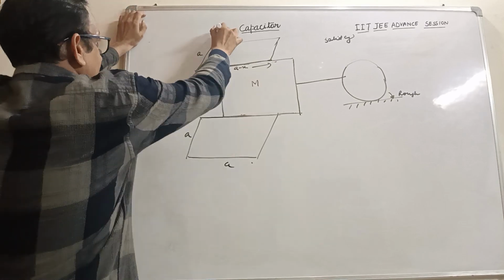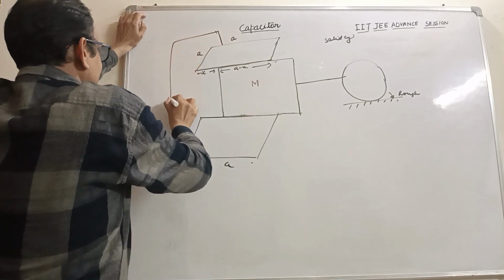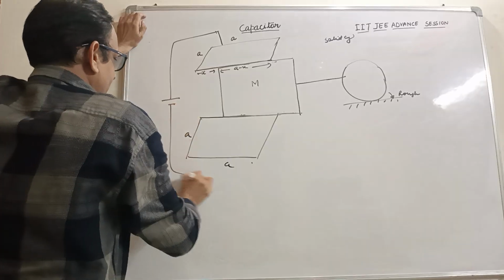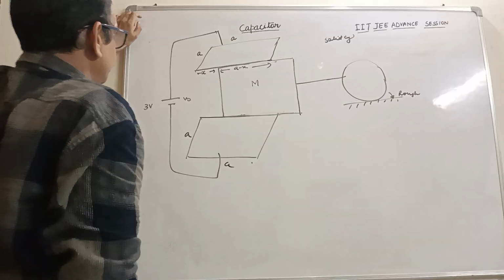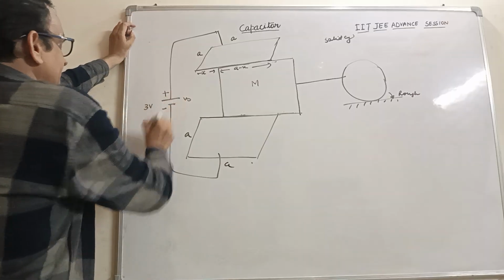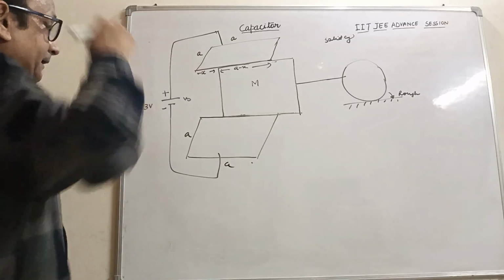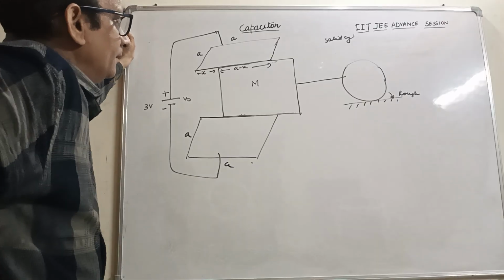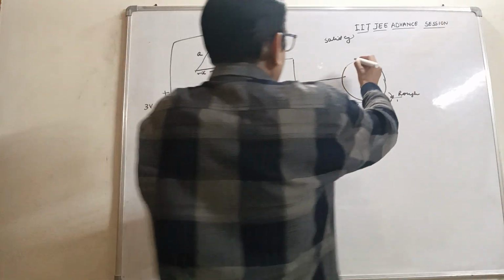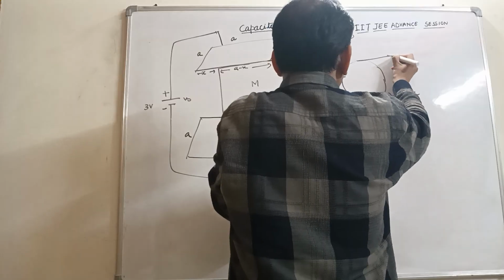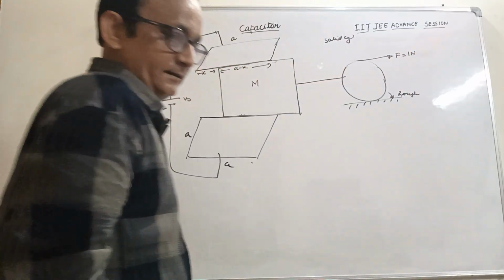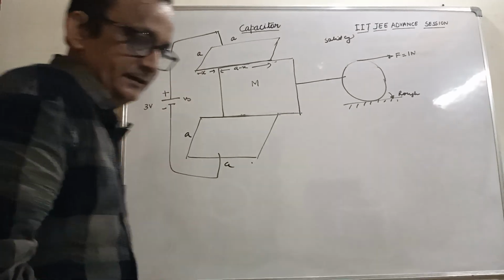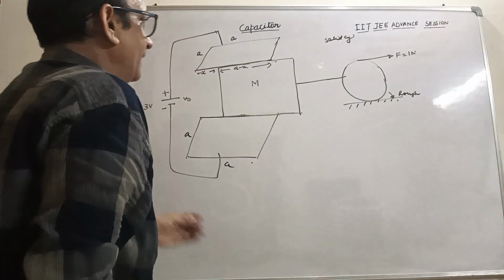In this scenario, a battery of 3 volt, say V naught, is connected here. So this is positive charge, this is negative charge. In this question, a tangential force of 1 Newton is applied.